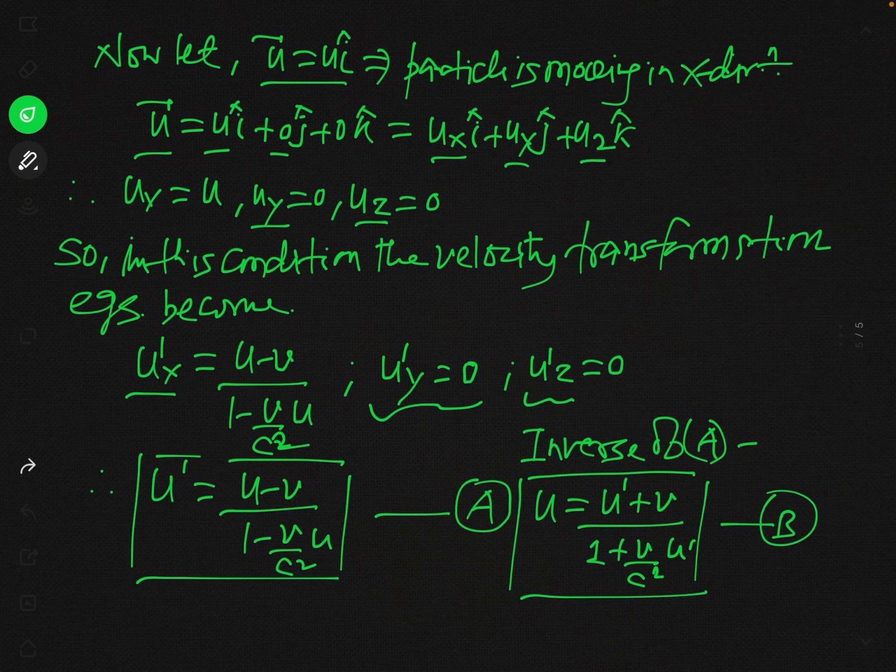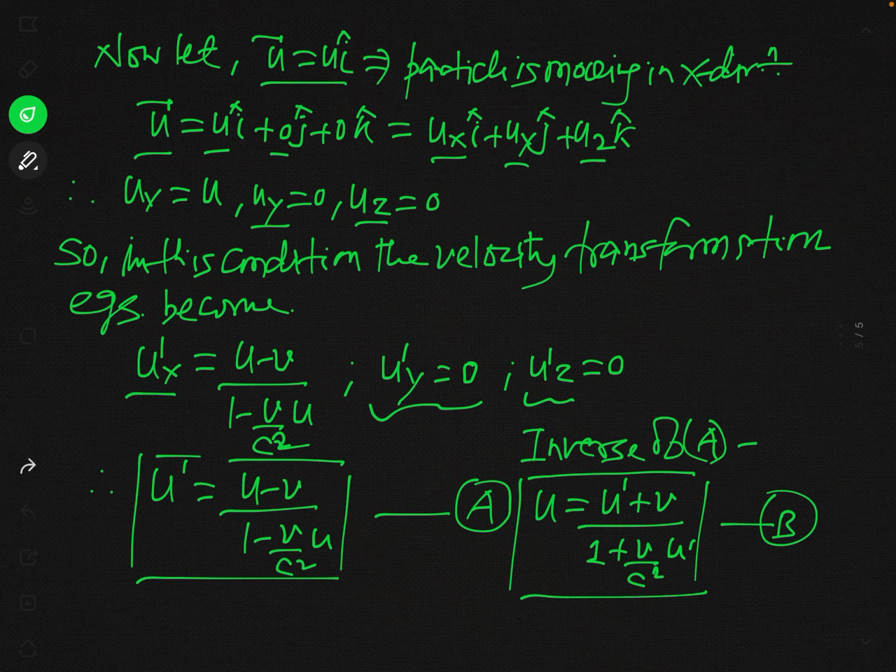So this is called the velocity transformation equation. And as this equation has been obtained by the use of Lorentz transformation, it is known as the relativistic velocity transformation equation. And this equation B is its inverse. So this is also a relativistic velocity transformation equation.